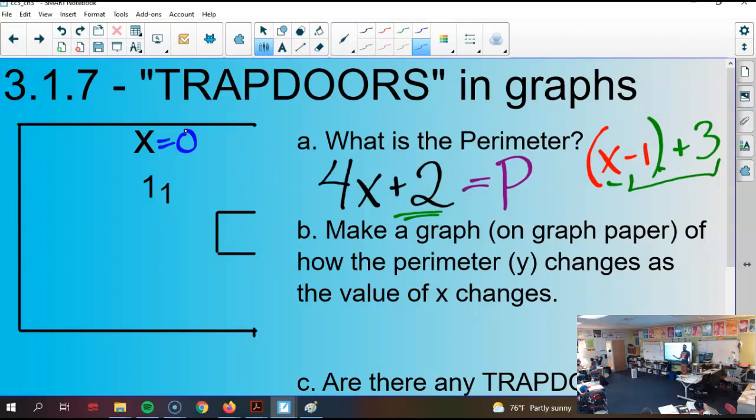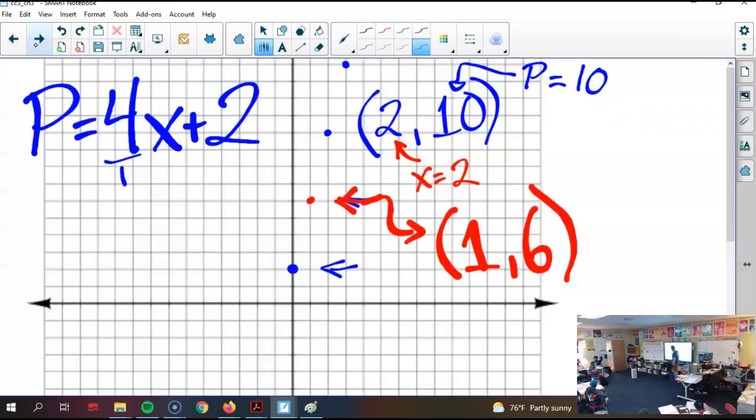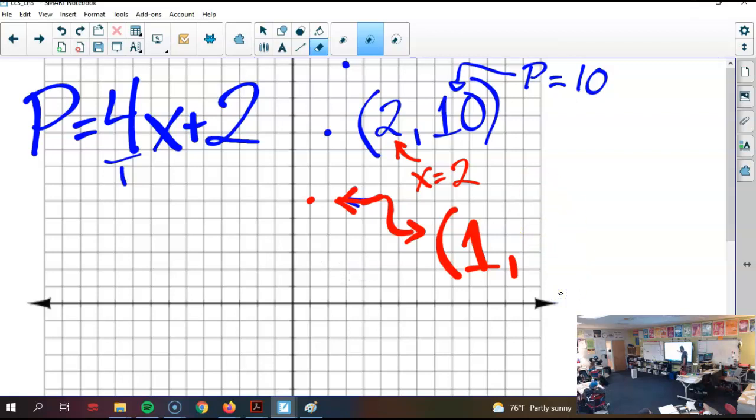Like if the paycheck is nothing, you're not getting a paycheck. So in this graph, this point doesn't exist. It just can't. And at this point, our perimeter actually turns into 0.